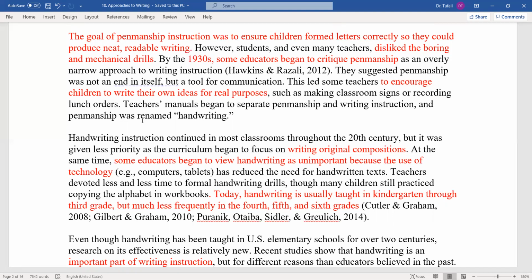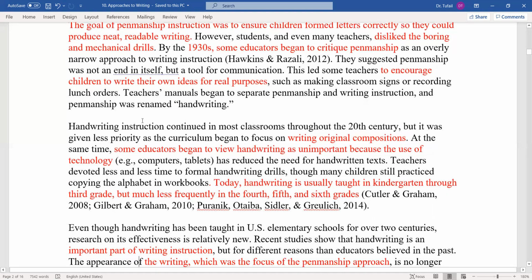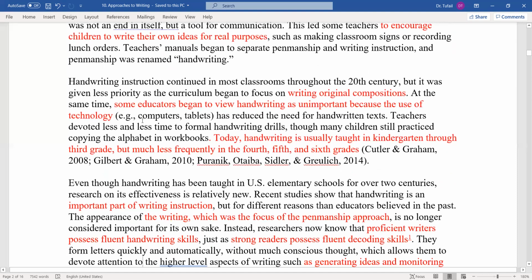They began to view handwriting as unimportant because of the use of technology. Once computers and gadgets came, it is not a matter of importance how beautifully one writes, but how correctly and meaningfully one writes, how relevant one is in his writing, and whether he is able to convey his or her information and ideas clearly and comprehensively.